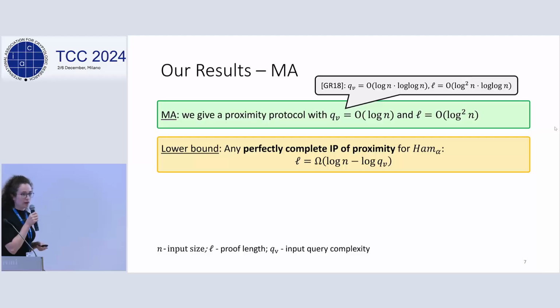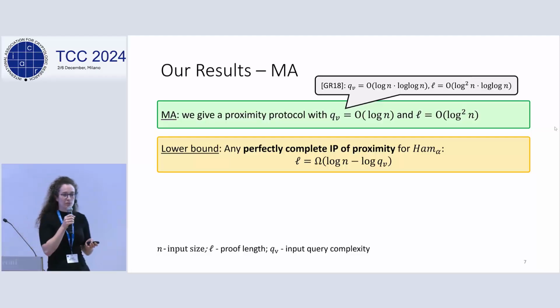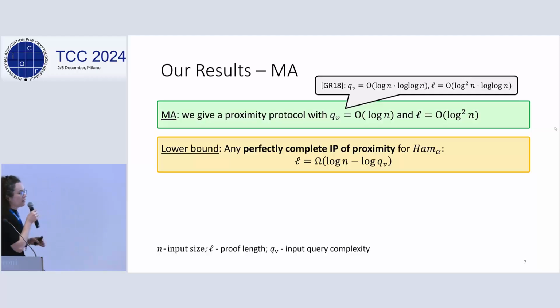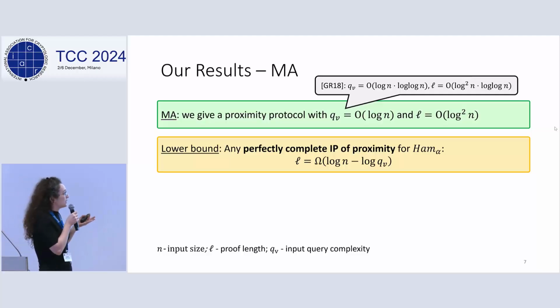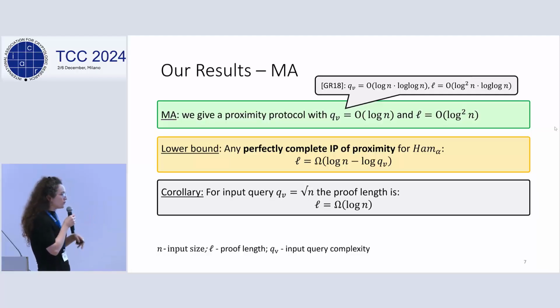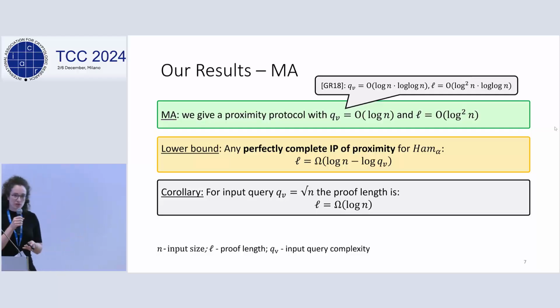Now for the lower bound, we provide a lower bound for interactive proofs with any number of rounds. We say that any perfectly complete IP of proximity for the Hamming weight protocol has proof length that is at least log n minus log Q_V, where Q_V is the number of queries to the input. Putting parameters into this bound, we get the following corollary.